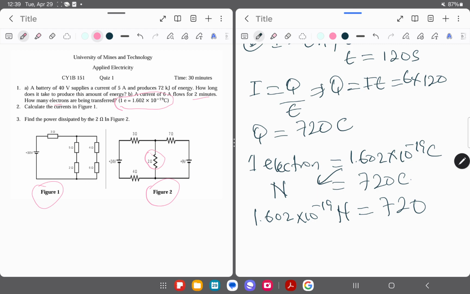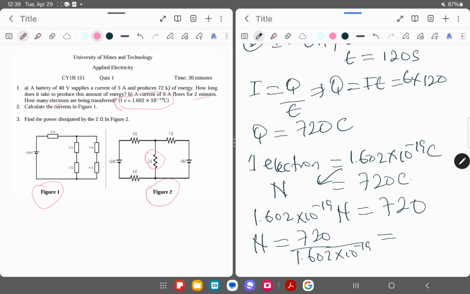So now we divide, so we get n equals 720 divided by 1.602 times 10 to the power minus 19.